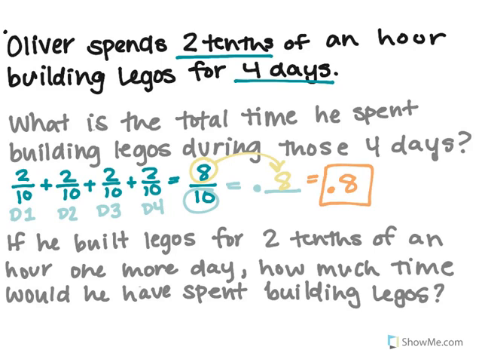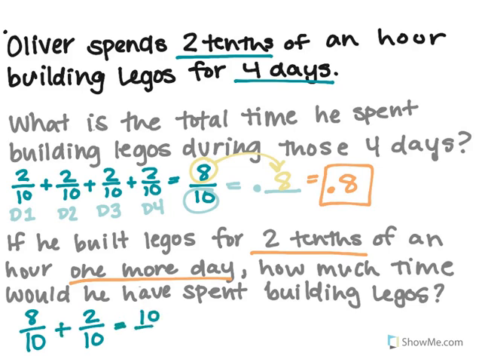Now the next question says, if he built Legos for 2/10 of an hour one more day, how much time would he have spent building Legos? So he spent 8/10 on 4 days. He spends one more day doing 2/10 of an hour on Legos. So would I add or would I subtract? I would add.